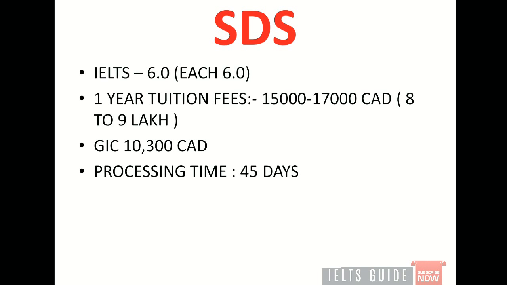Okay, and you must be able to pay 1 year tuition fee. If you are able to pay, then only you can be selected in the SDS program. And you also have to pay a GIC of 10,300 Canadian dollars, approximately 5.50 lakh Indian rupees.